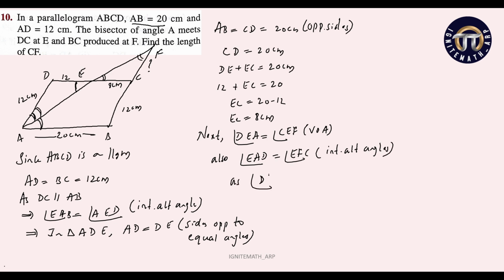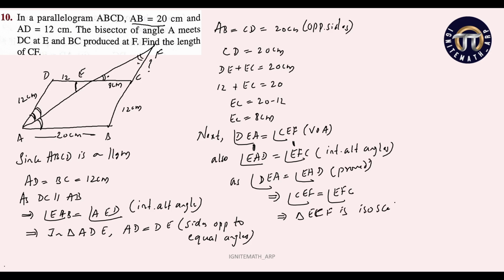So as angle DEA is equal to EAD. Okay, EAD. This is already proved. That implies, since these two are equal to each other, these two will be equal to each other. CEF will be equal to EFC. So these two angles become equal to each other. So that implies triangle ECF is isosceles.